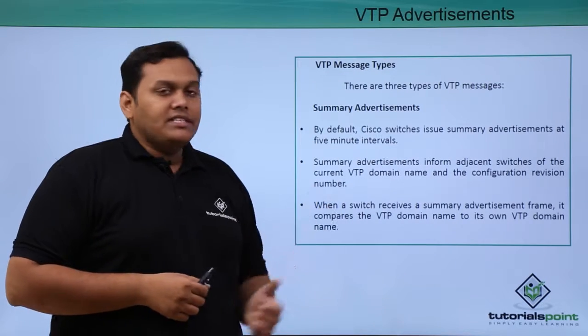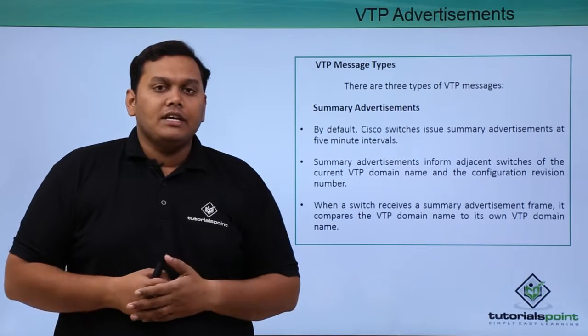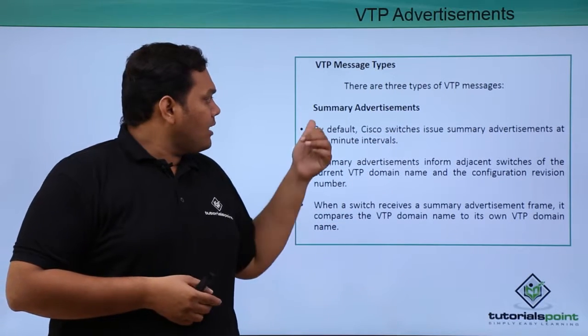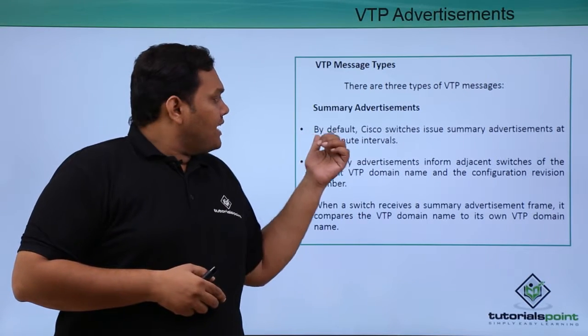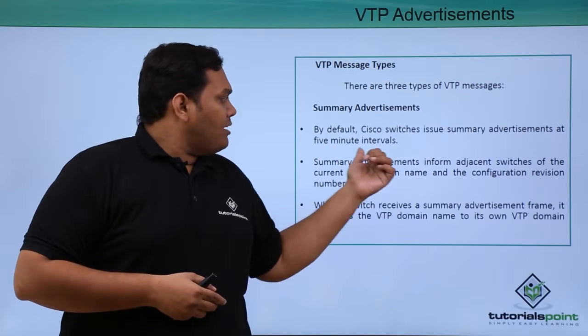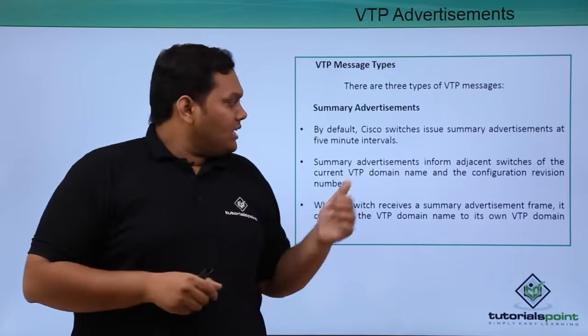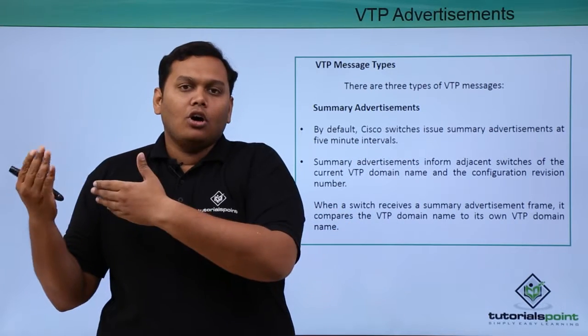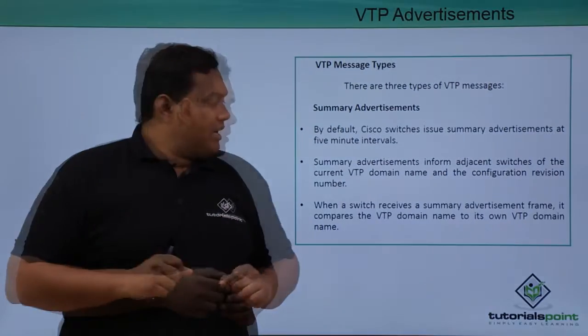Coming to the message types of the VTP, there are 3 types of VTP messages. The first of the 3 types is the summary advertisement. So, what is a summary advertisement? By default, Cisco switches use summary advertisements at 5-minute intervals, so the Cisco switches issue this summary advertisement every 5 minutes.